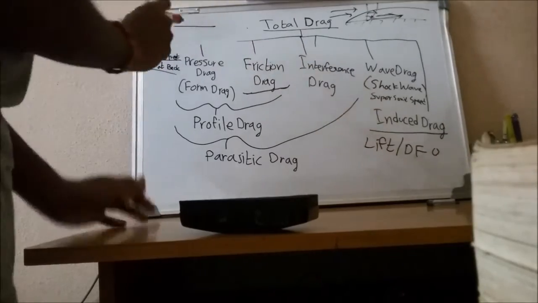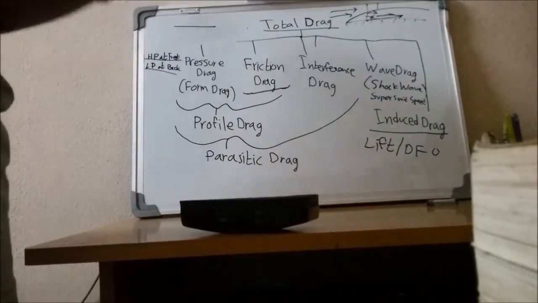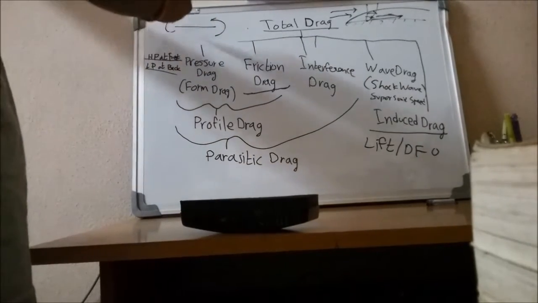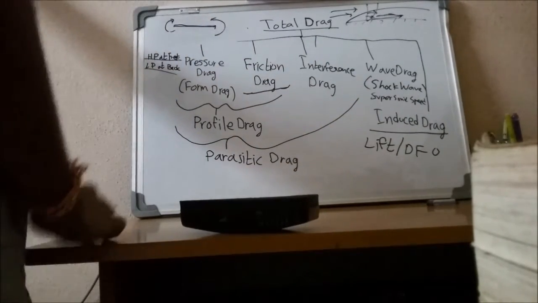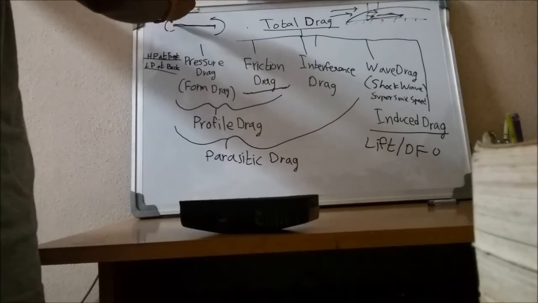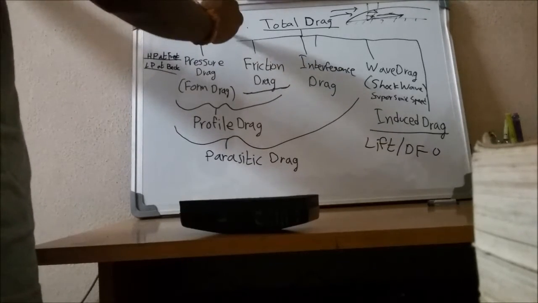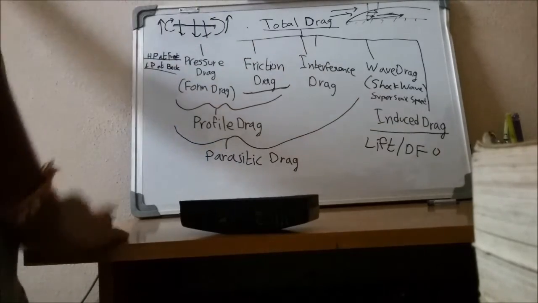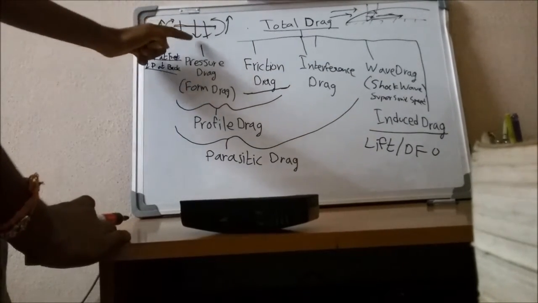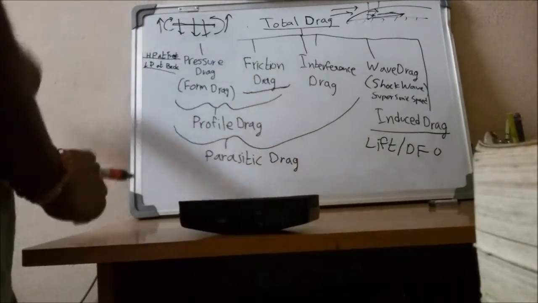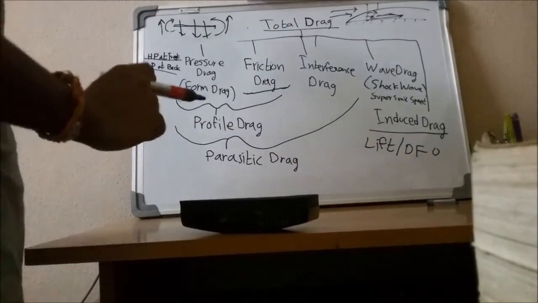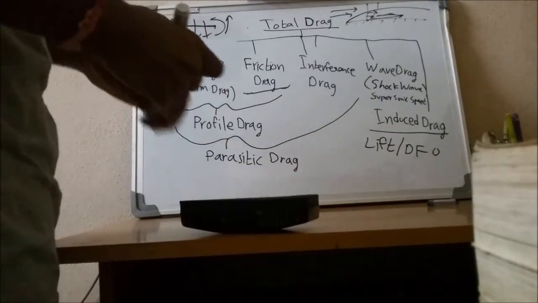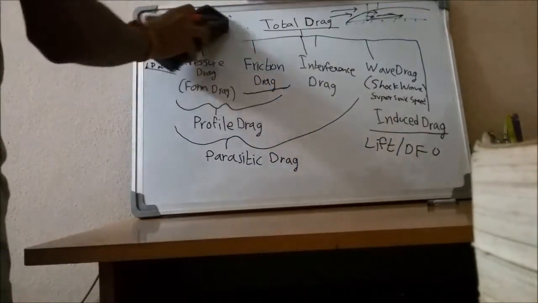You have the wing, and I am looking from behind. You have vortices like this, and this is the wing. So this is creating upward moving air at the tips and downward moving air here. This downward moving air, after the air has passed the wing, will try to modify the angle of attack of this wing.